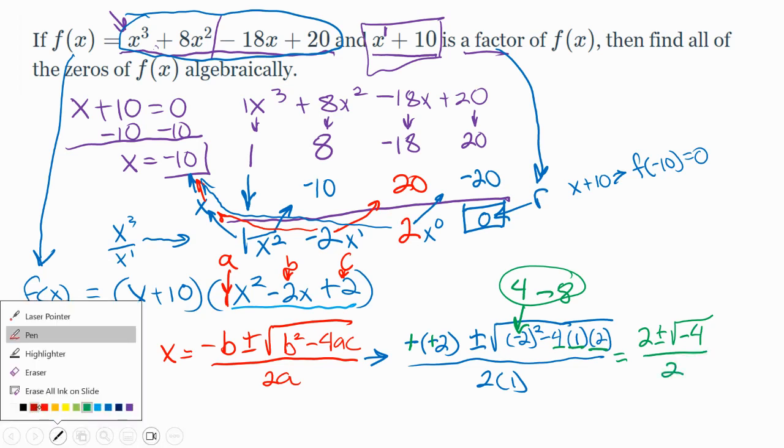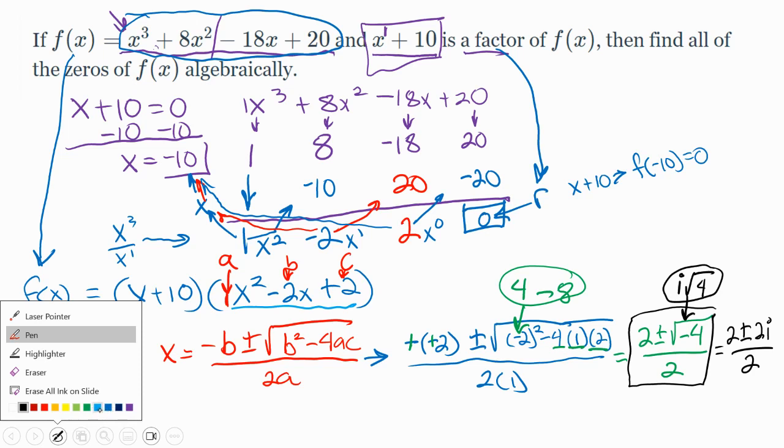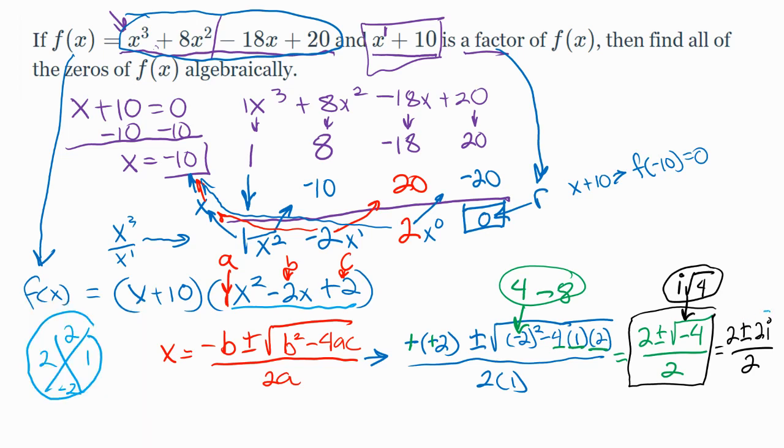Well, we are looking for all solutions, and we are going to be finding some imaginary ones here because we have a negative 4. We're supposed to pull out an i and then consider the square root of 4. So this plus or minus square root of negative 4 is actually plus or minus 2i, because the square root of 4 is 2. So we rewrite this to be 2 plus or minus 2i, all over 2. Then we simplify.